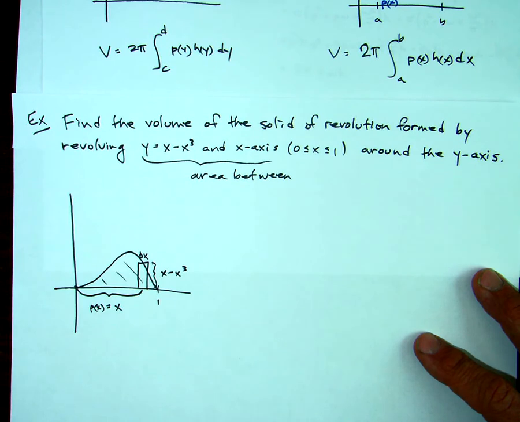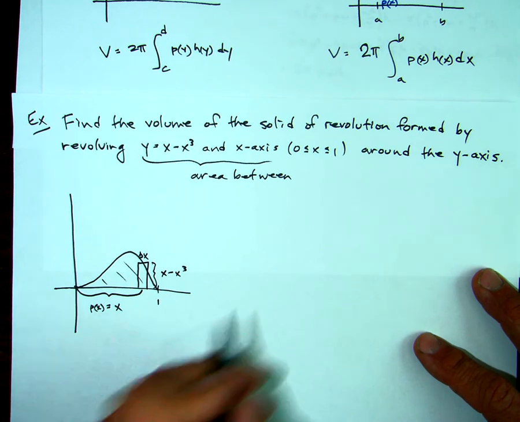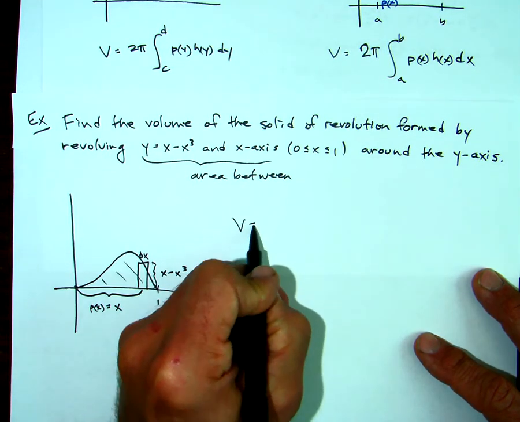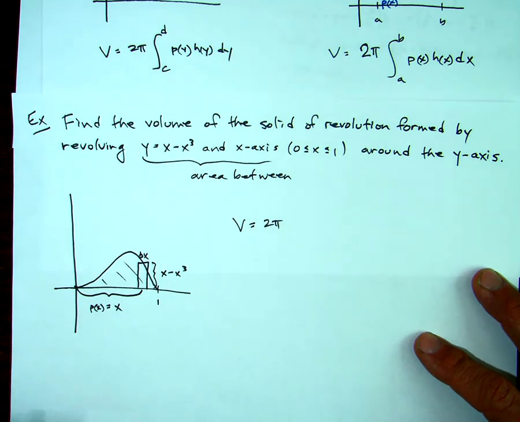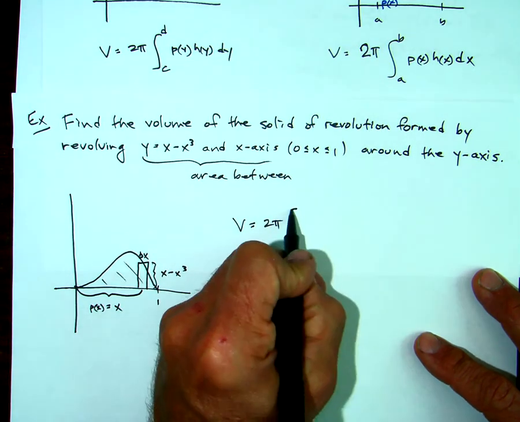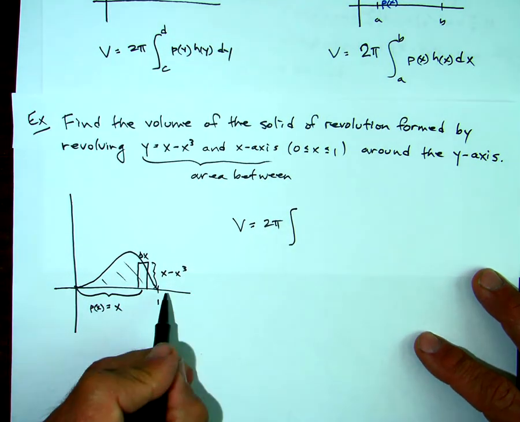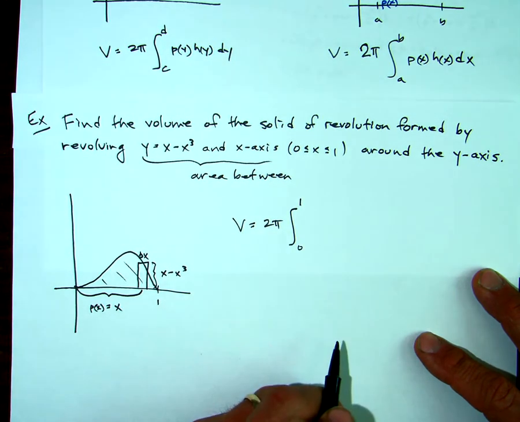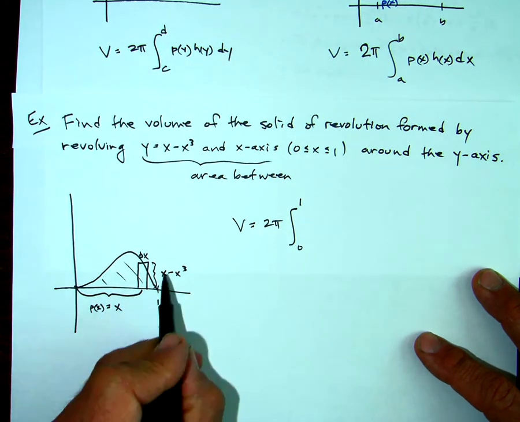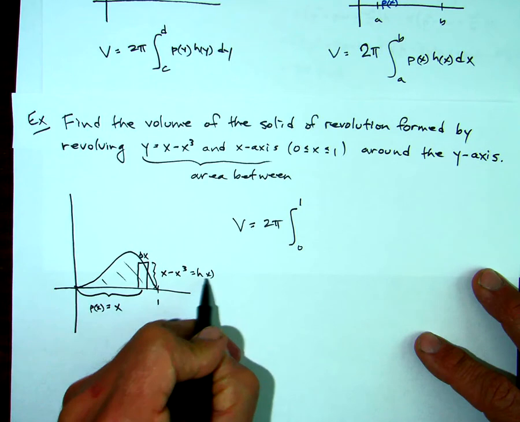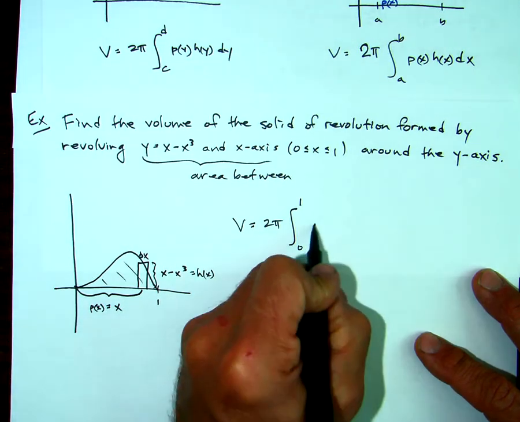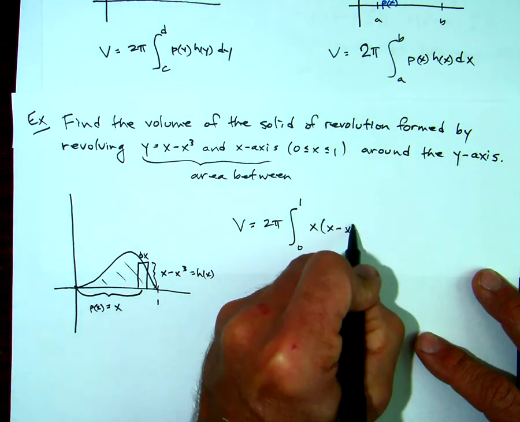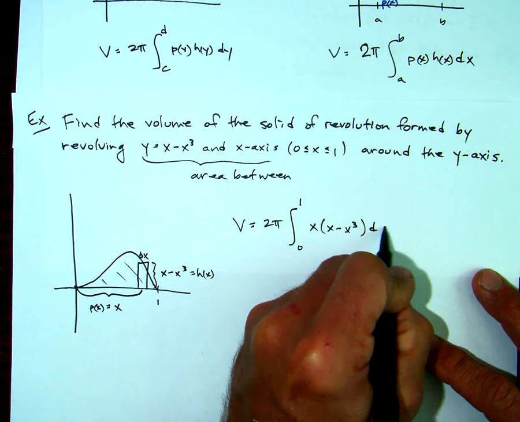To set up this integral, the volume, we always have that 2 pi, and we integrate from 0 to 1, because that's where our region is. It's going to be p of x times h of x, so it's x times x minus x cubed dx.